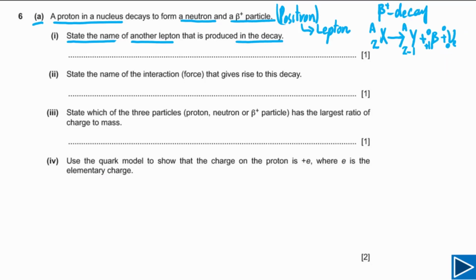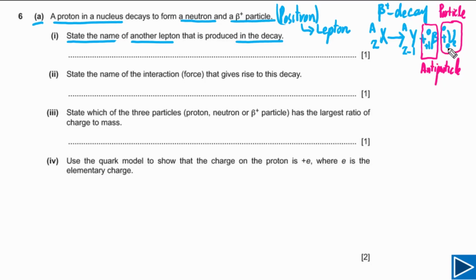The way to remember this is to look at this particle. If this is an antiparticle, meaning if this is a positron, the antiparticle of the electron, then this one has to be a particle, meaning a neutrino. And vice versa is also true. If this is a particle, meaning if this is an electron, this one has to be an antiparticle, meaning an electron anti-neutrino.